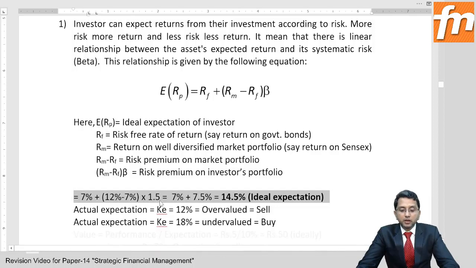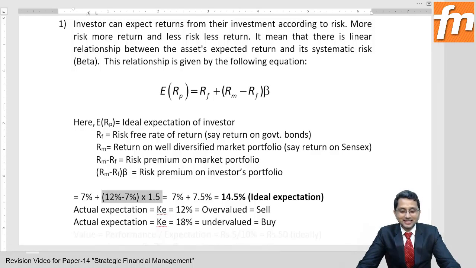So if beta is 1.5, it is simply 1.5 times risk. Now those who invest in Sensex are getting 5% risk premium. My risk is 1.5 times as compared to the risk of Sensex. So I deserve a risk premium which is 1.5 times as compared to Sensex.